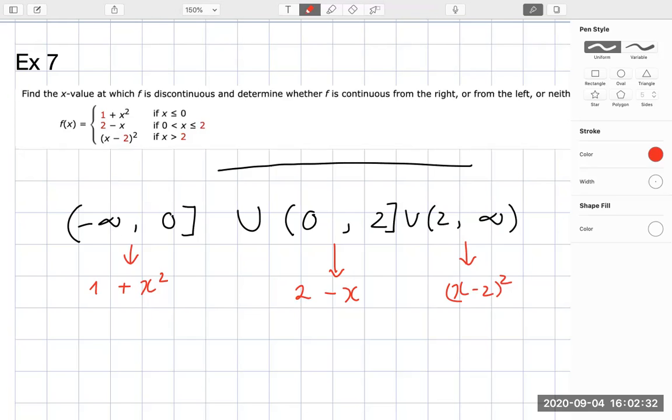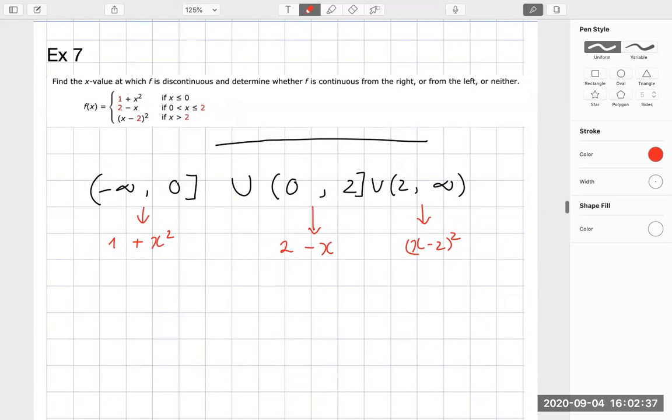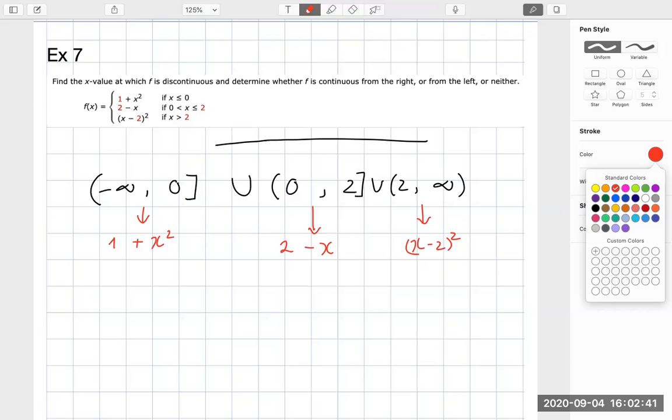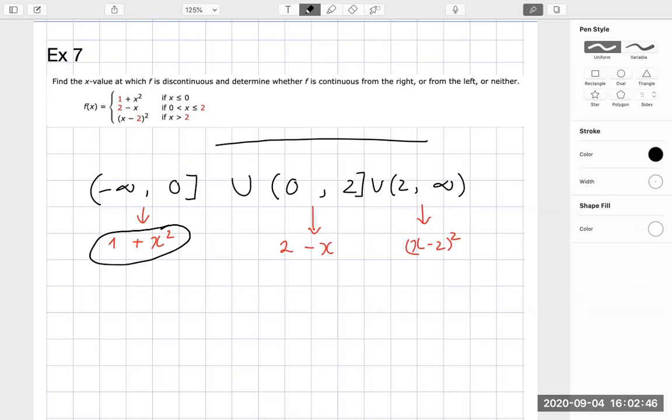Okay, at each interval this is a polynomial, right? So it is continuous on this interval. The similar story: this is a polynomial of degree 1, so it is continuous on this part. Similarly, this is a polynomial of degree 2, and will be continuous on 2 to infinity.